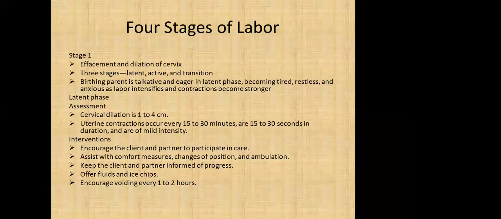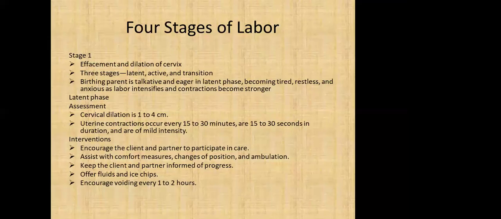So you can encourage the partner to be with the woman and also participate in the care. These are comfort measures, right? So you assist with comfort measures, change of position, and ambulation. And then you keep the client and the partner informed regarding progress, and you offer some fluids and ice cubes, and you encourage voiding every 1 to 2 hours.